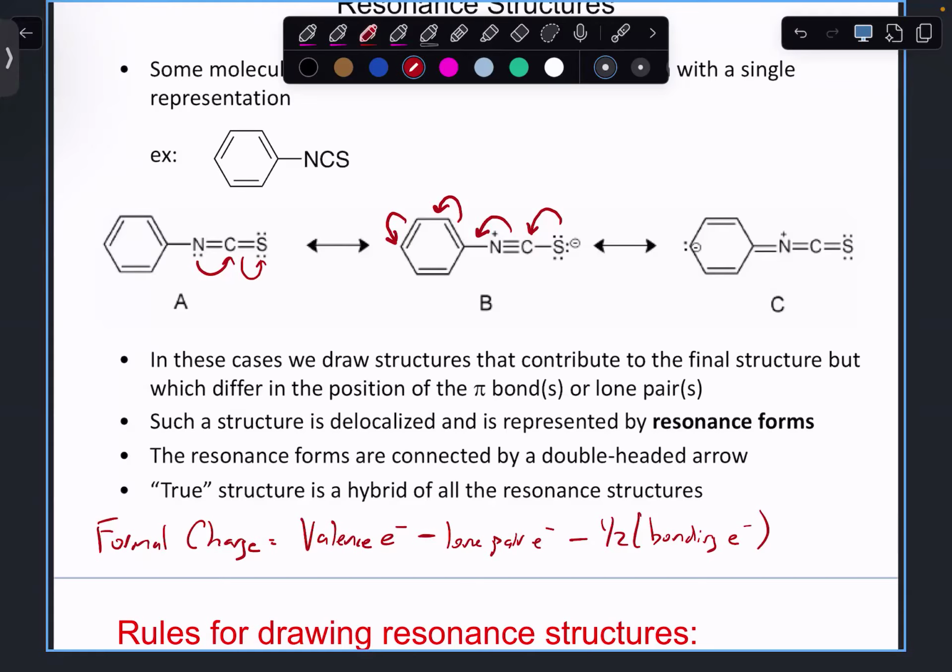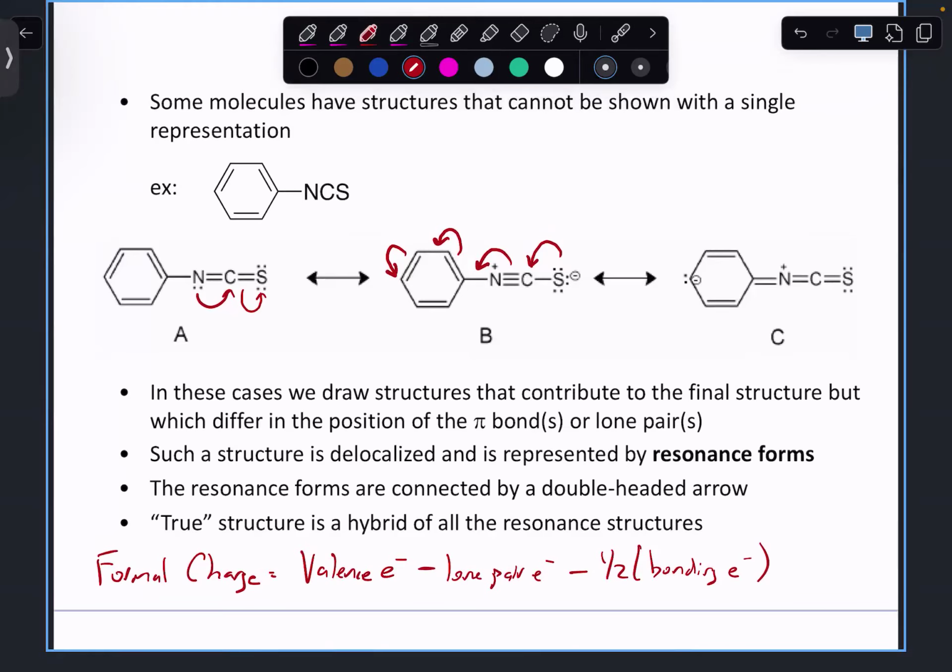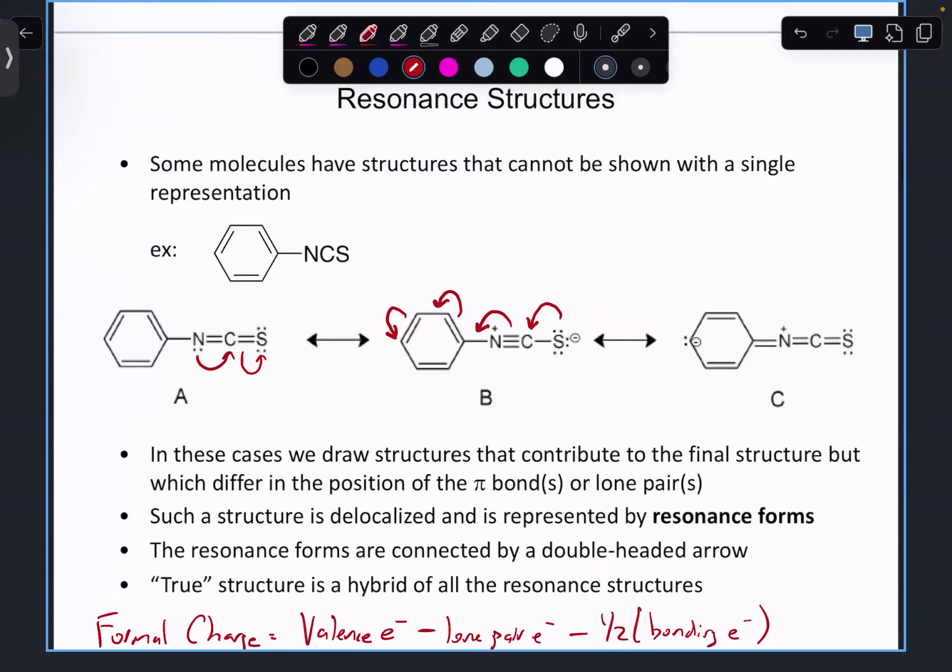So let's do the nitrogen in structure B. Let's prove that this is actually right, that it actually is a positive 1 charge. We're just going to calculate the formal charge of the nitrogen in this species. So take the valence electrons. How many valence electrons does nitrogen have? 5. And then we're going to subtract lone pair electrons.